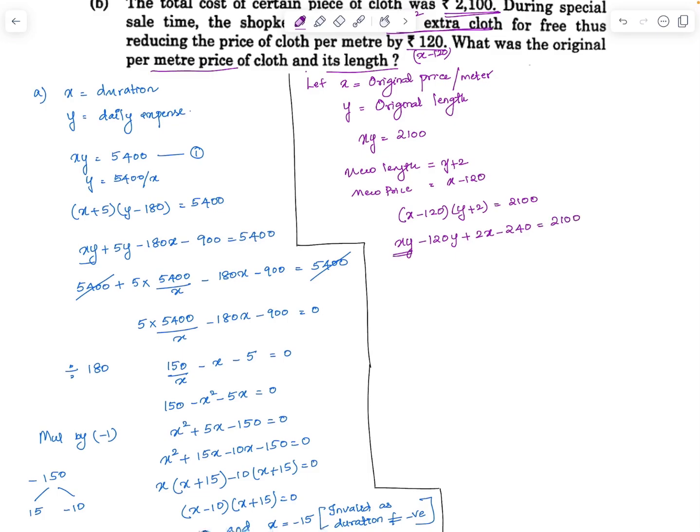Here xy is 2100, and minus 120 times y can be written with y as 2100 upon x. So in the place of y, let's write 2100 upon x plus 2x minus 240 equal to 2100.